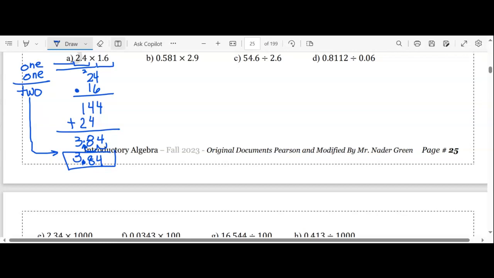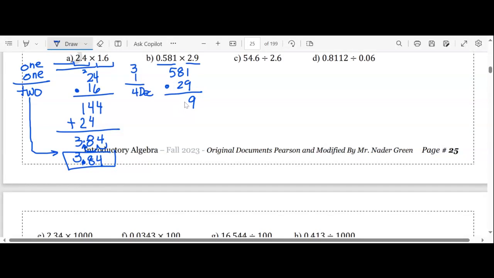What did you get for B? Now, how many decimal places here? 3. How many decimal places here? 3 plus 1? So you need 4 decimal places, right? So we'll put the numbers like this. And then just multiply. 9 times 1? 9. 9 times 8? 72.